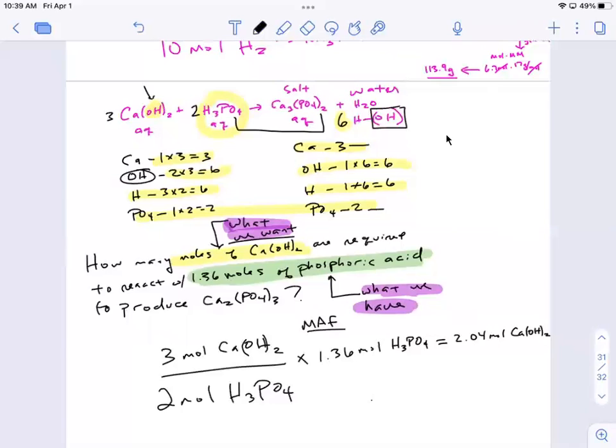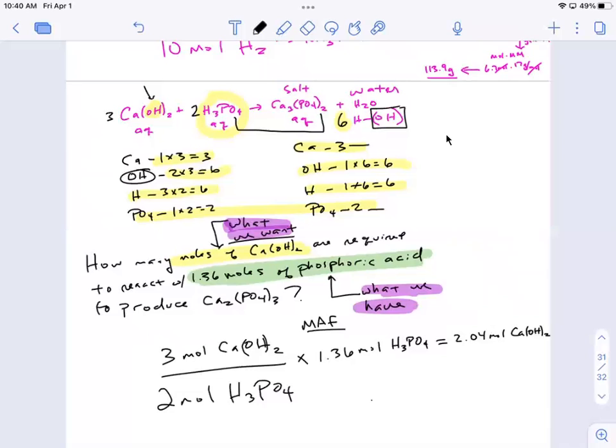And when you get that calcium phosphate, the amount that you get is going to be determined by either the amount of calcium hydroxide we start with or the phosphoric acid that we start with. But it's telling us that we're going to start with 1.36 moles of phosphoric acid.